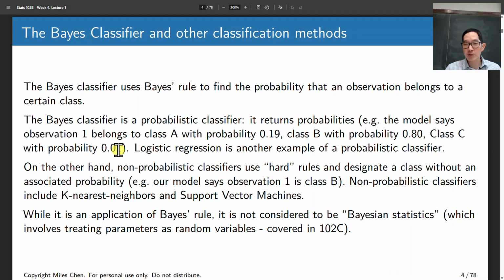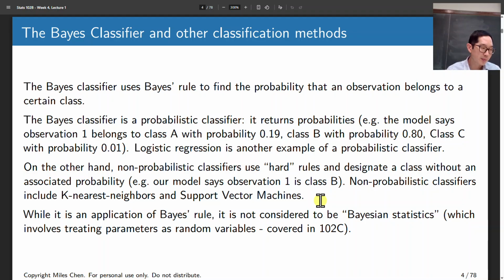Logistic regression is another example of a probabilistic classifier. There are other types of classifiers. We have these hard classifiers, which don't return a probability but just a categorical label. For example, k-nearest neighbors and support vector machines would be hard classifiers.